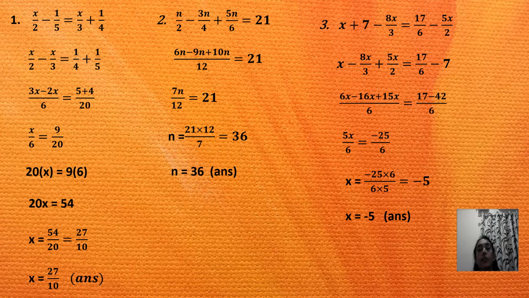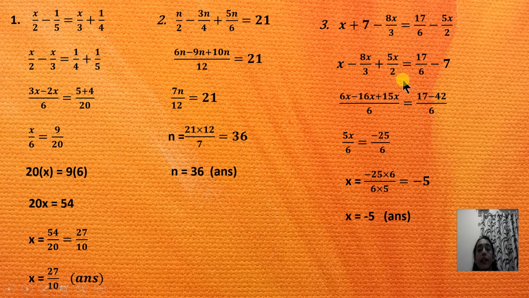Like terms means the terms containing x on one side and all the constant terms on the other side. So let's write down x minus 8x upon 3. Now this minus 5x upon 2, I bring it on the left hand side. So it becomes plus 5x upon 2, which is equal to 17 upon 6 minus 7.